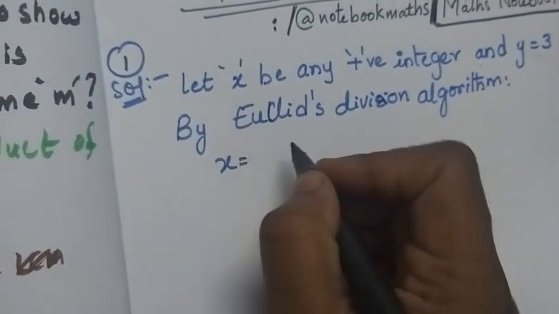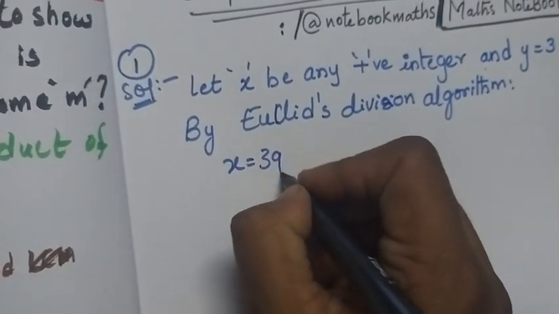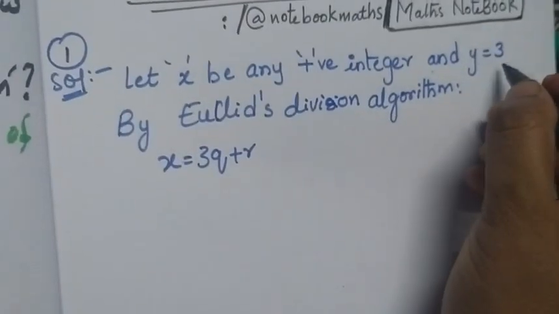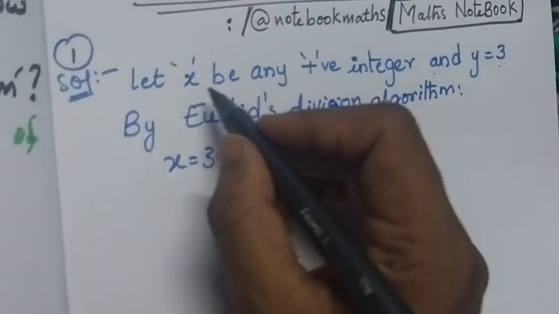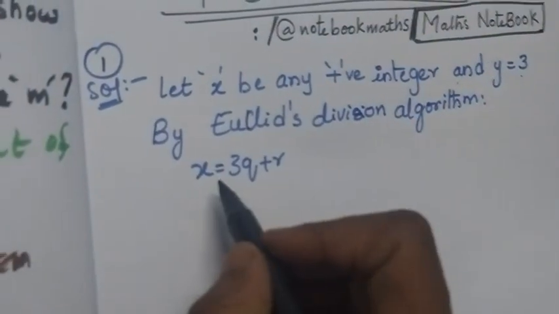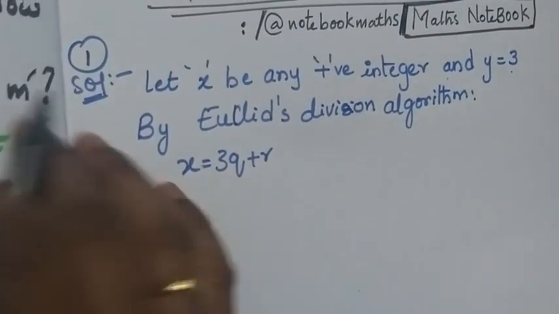x equals what we have to write? x equals 3q plus r, because y equals 3 and x is a positive integer. So we have to write by using the division algorithm.